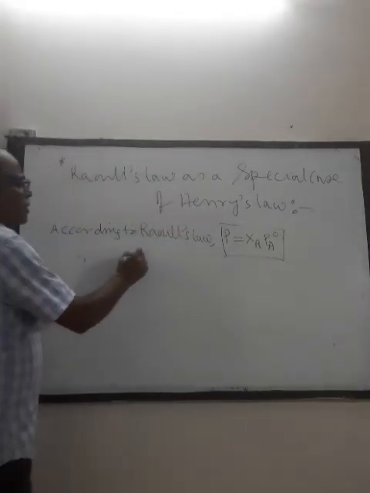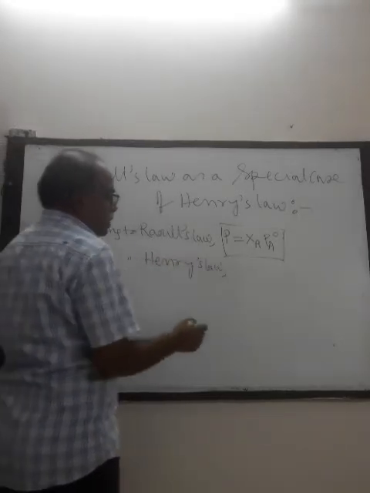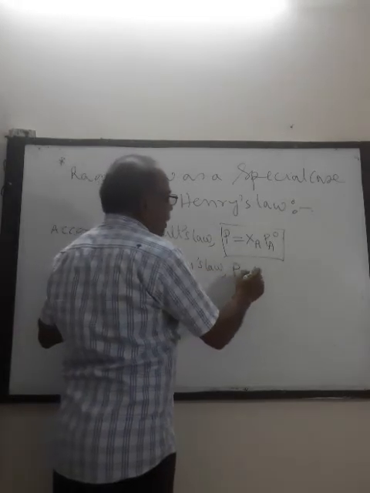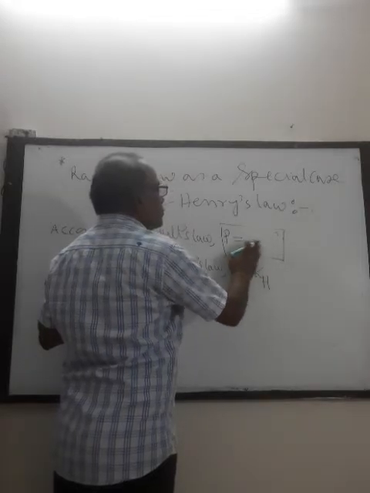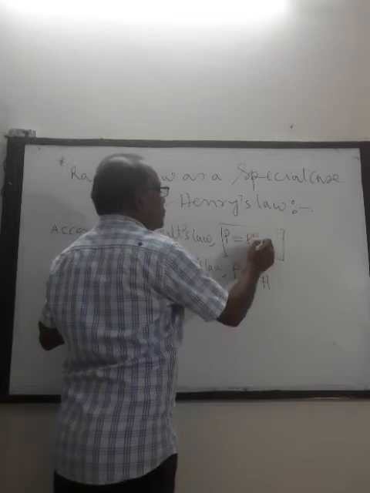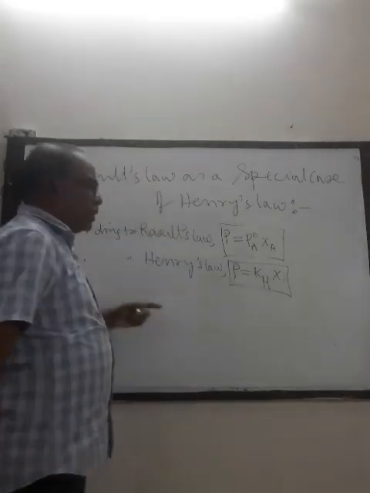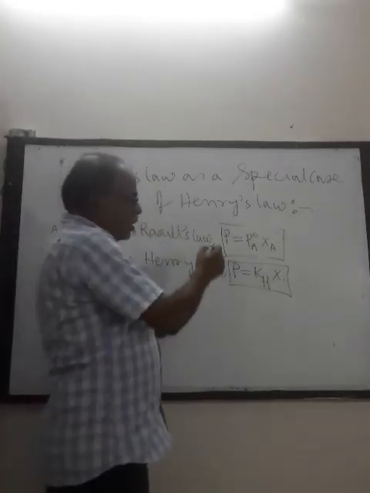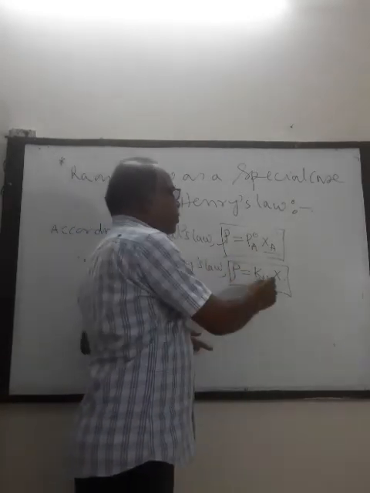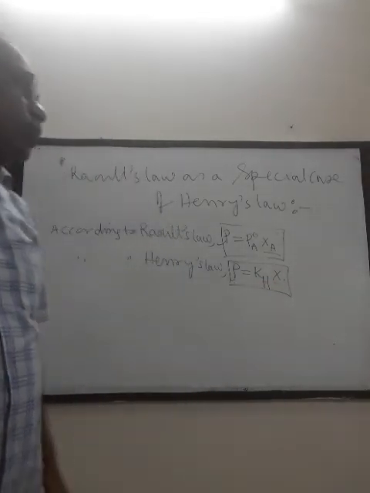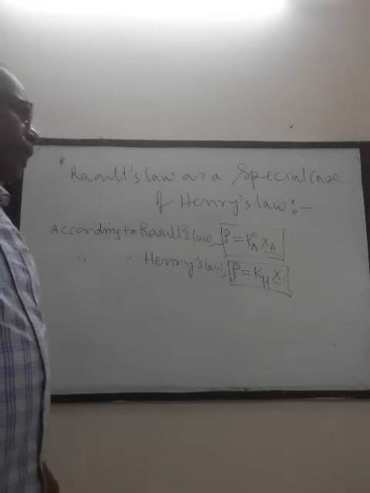And according to Henry's law, also discussed, P equal to KH XA. So this is the mathematical form of Henry's law. Here partial pressure, here also partial pressure, here also mole fraction of the solvent, here also mole fraction of the solvent. So if we compare both these laws, the only difference is PA naught and KH.